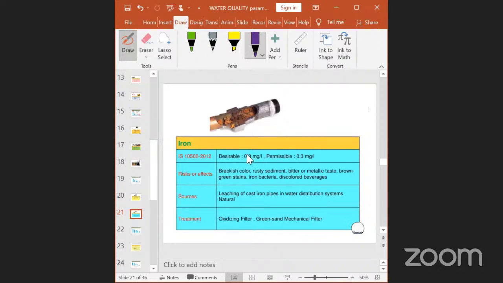Iron. You see iron is also 0.3 mg per liter. This is the desirable limit in the drinking water, and the permissible limit is 0.3 also, right?